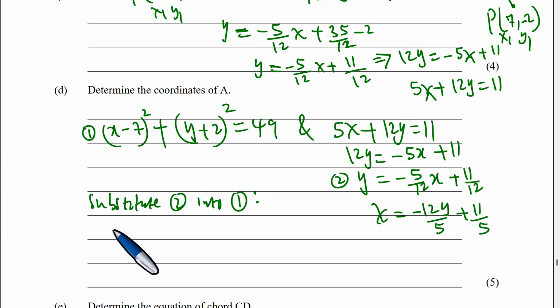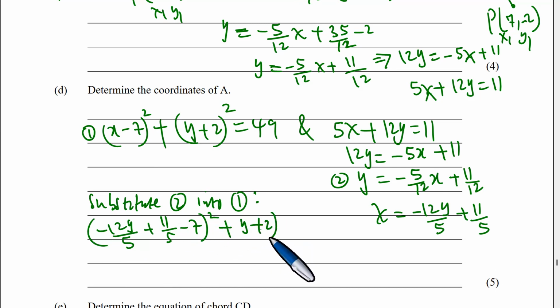So which means, therefore, in the place of x, you put minus 12y out of 5, plus 11 out of 5, minus 7 squared. And then you have y plus 2 squared equals 49.